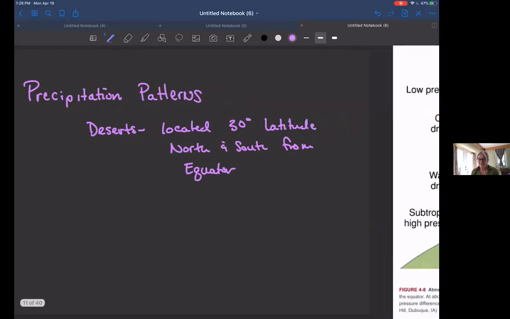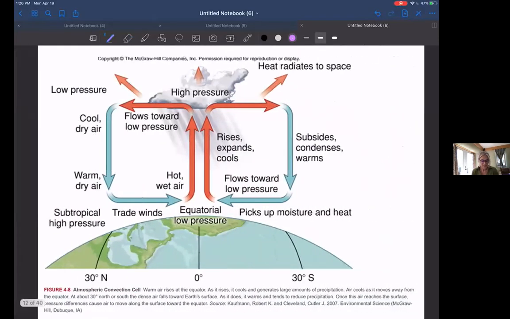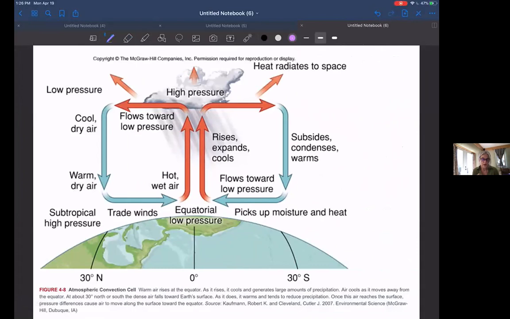So if we look at that convection cell again, we can see that these winds right here are hot and wet. And then the sun actually causes, because of the increased solar radiation, evaporation. And as that rises, it also causes rainfall.